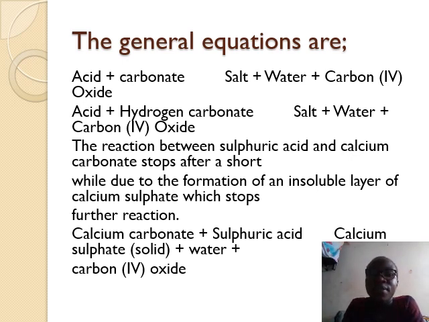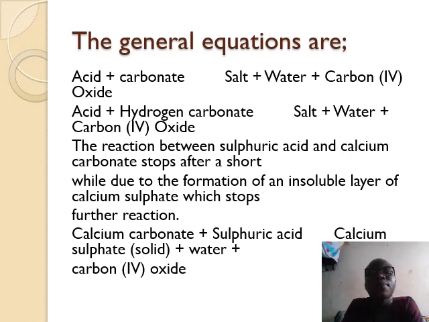So calcium carbonate plus sulfuric acid, we're going to get calcium sulfate, which is a solid, water, and carbon 4 oxide. And when you want to detect the presence of carbon 4 oxide, you bubble the gas through lime water or calcium hydroxide.